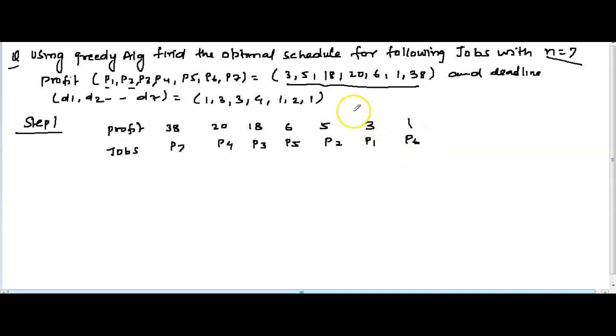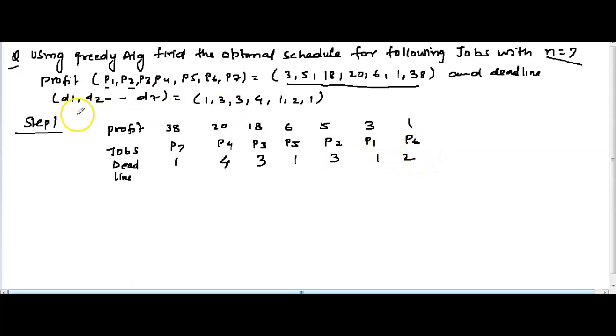And the deadlines, write them respectively: 1, then P4 is 4, 3, then 1, this is 3, 1 and 2.